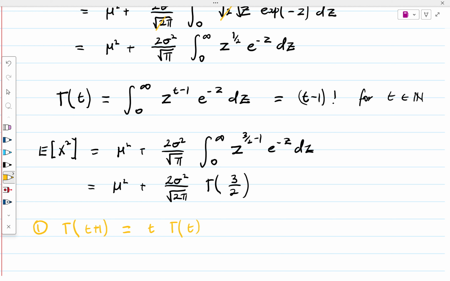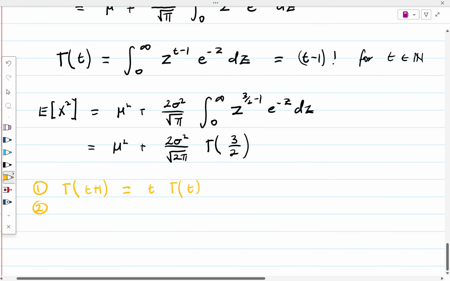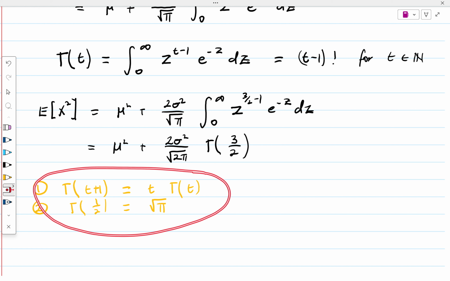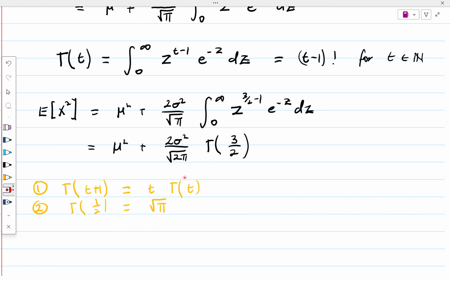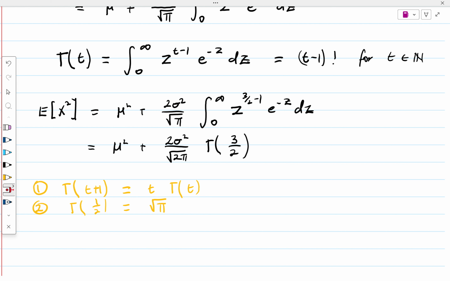Important property number 2 that we are going to utilize is that gamma of a half is equal to square root pi. These two properties combined will allow us to evaluate the integral above. We will cover the gamma function and its properties in some detail in another video, but for now, consider these as given results.